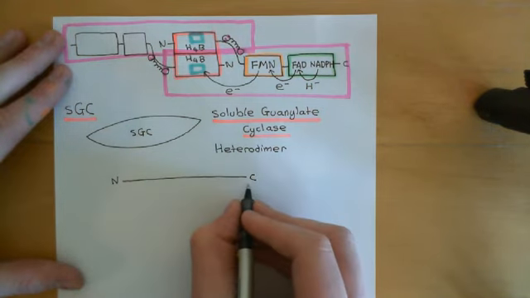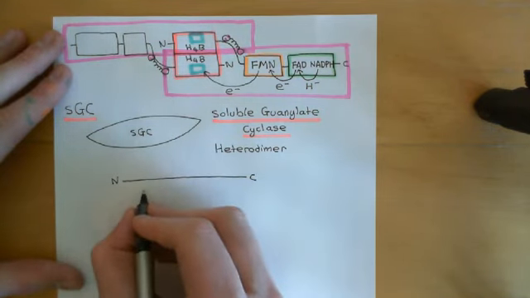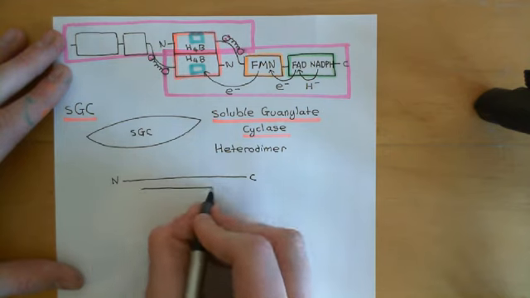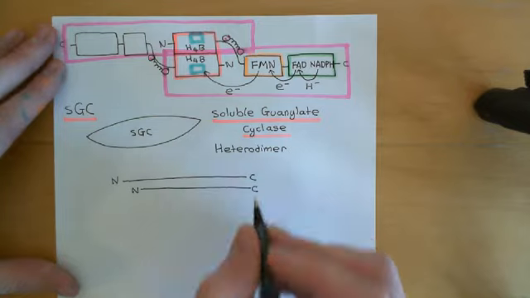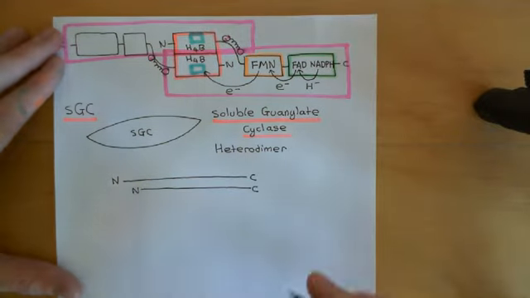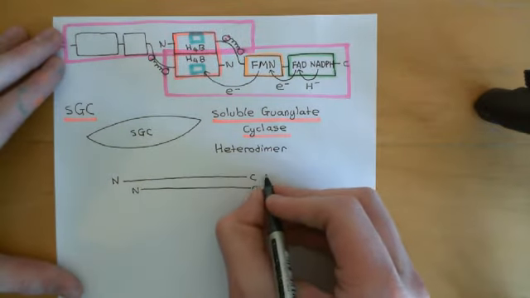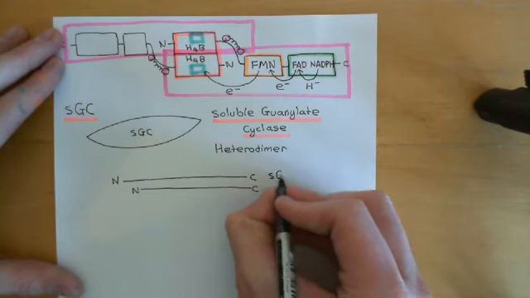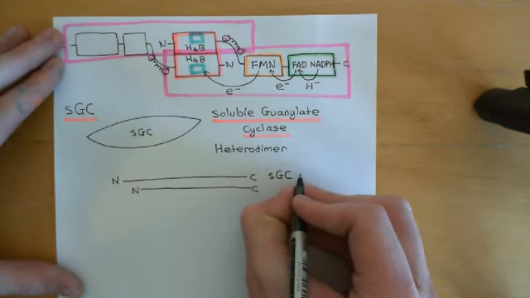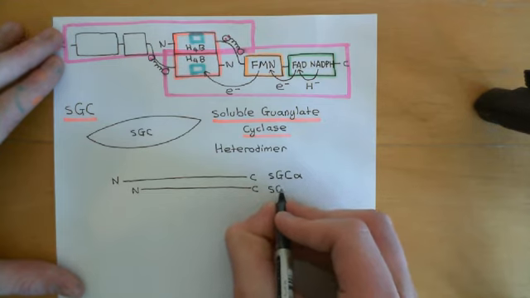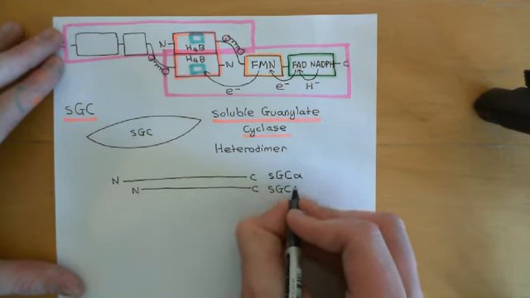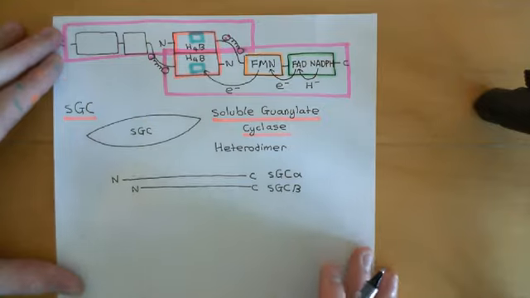This is one of these proteins from amino terminus to C terminus, and it's going to dimerize with another one that's slightly shorter here. These are the 2 separate subunits of a soluble guanylate cyclase. The longer one on top is called the soluble guanylate cyclase alpha subunit, and the shorter one on bottom is called the soluble guanylate cyclase beta subunit.